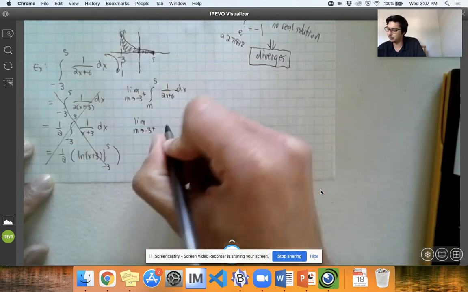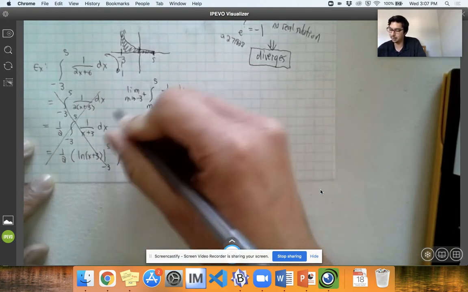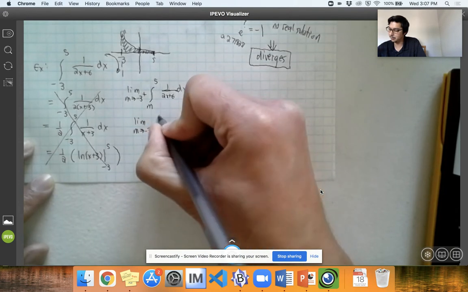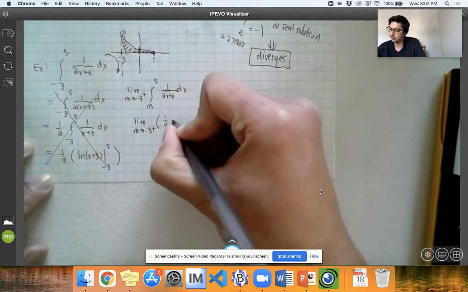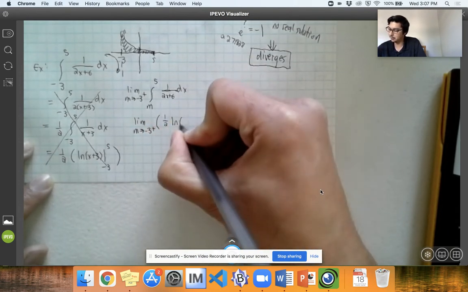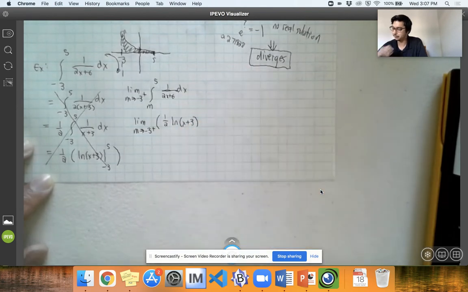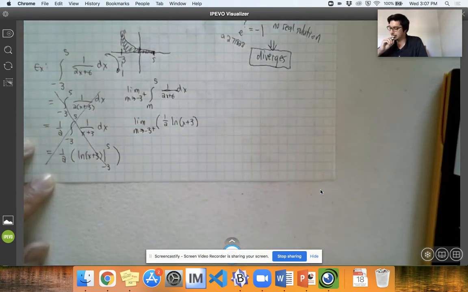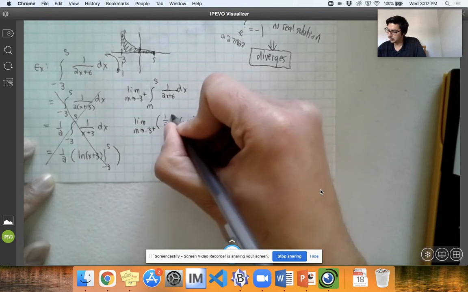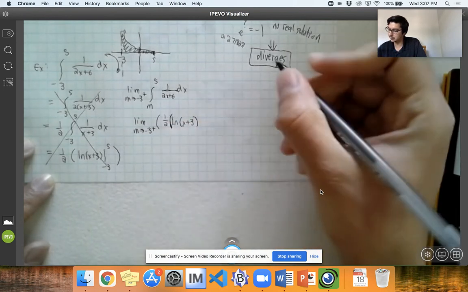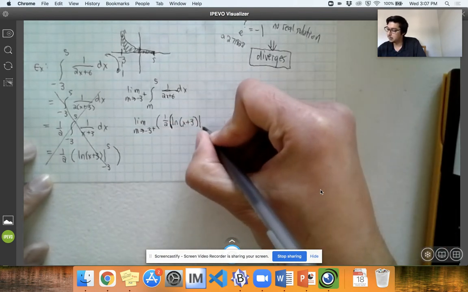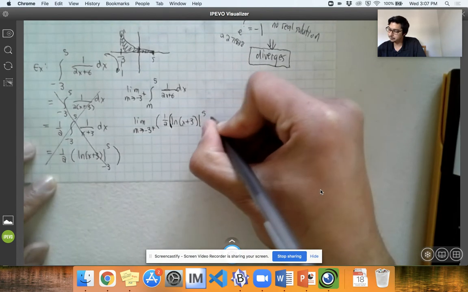You approach -3 from the right, the antiderivative of that, which we talked already about, is going to be 1/2 natural log of x plus 3. That's the way we did it, as the 1/2 is in front there, and we're doing this from m to 5.